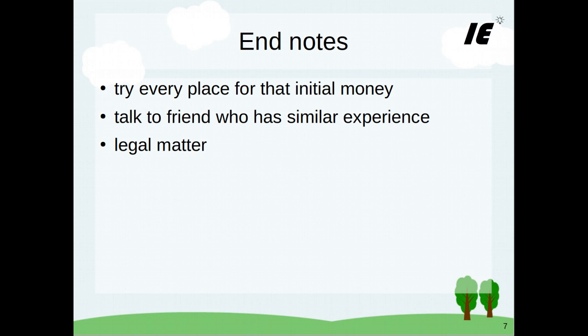Finally, I also want to add that there are a lot of legal matters that you may want to solve in future, especially because the technology you are using to start a company was built or developed in an academic environment, and by default those are owned by the institution.